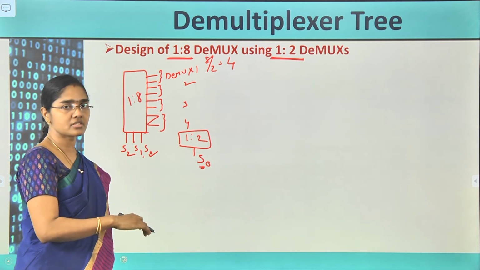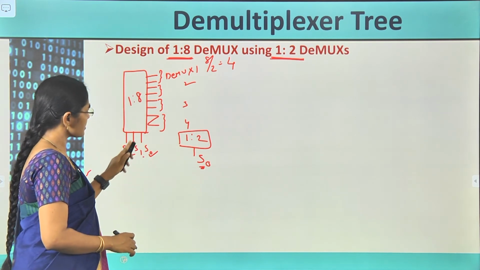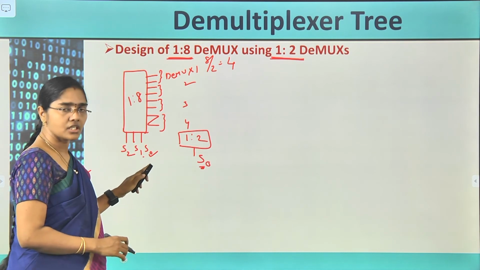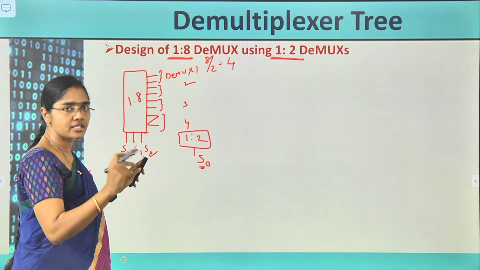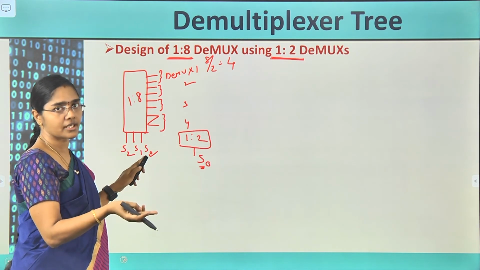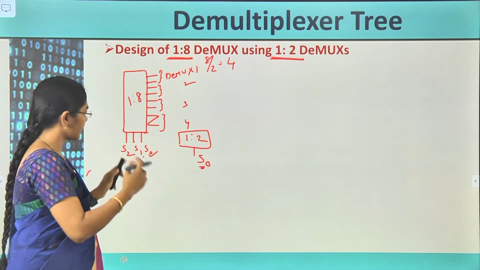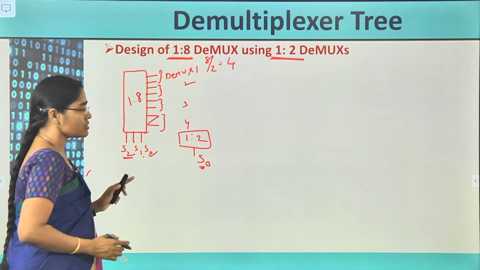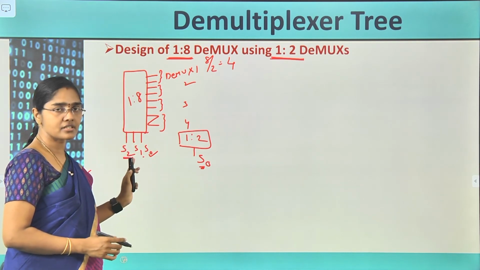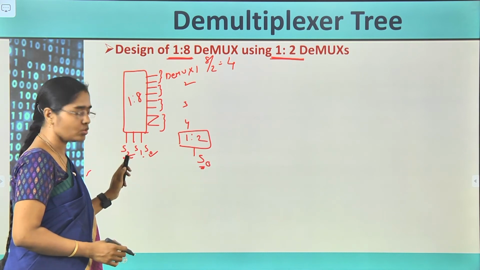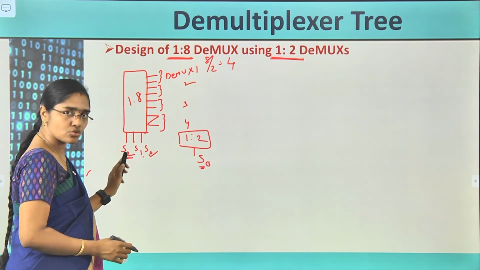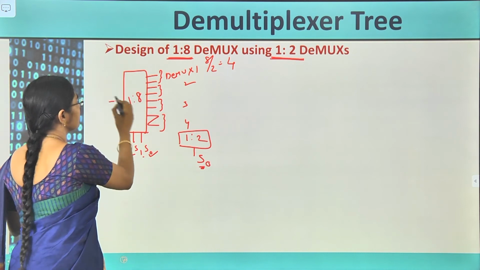Then use the second stage of demultiplexers to separate those into 2 outputs again. Then for S2, use one more demultiplexer, with the selection line S2 and the original input D.